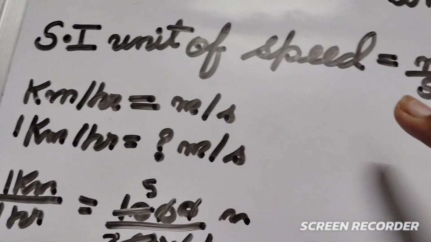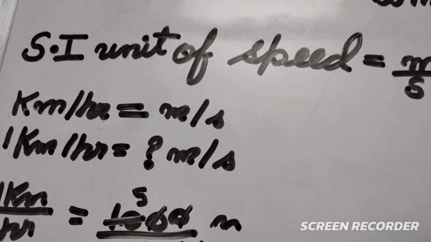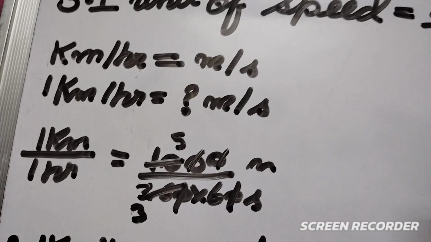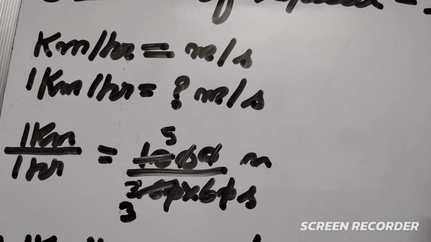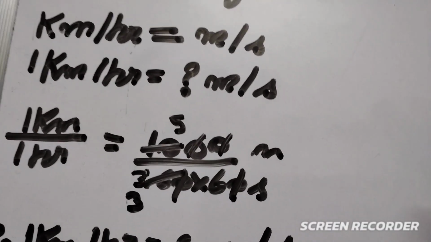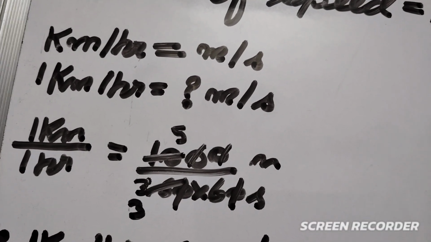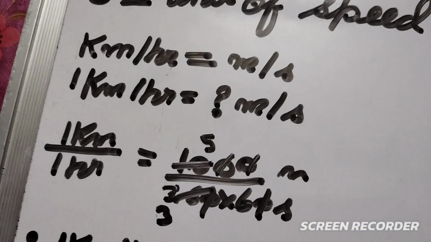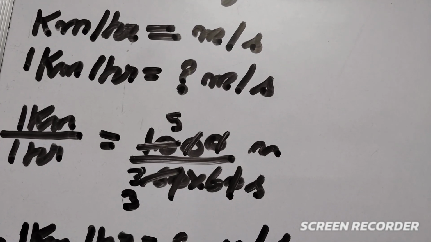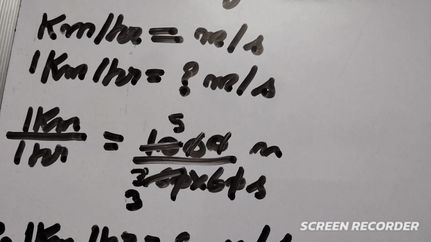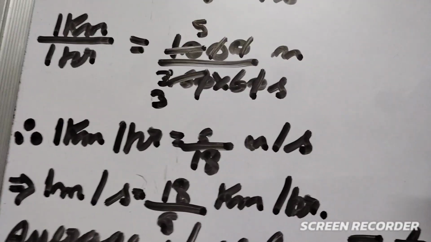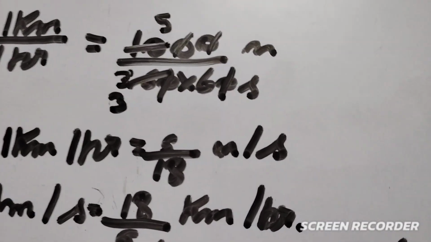And 1 kilometer per hour equals to how many meter per second? To convert 1 kilometer per hour into meter per second, we have 1 kilometer upon 1 hour equals 1000 meter upon 60 into 60, because 1 kilometer equals 1000 meter and 1 hour equals 60 minutes, but we have to convert this into seconds. The zeros cancel and we get 1 kilometer per hour equals 5 upon 18 meter per second.